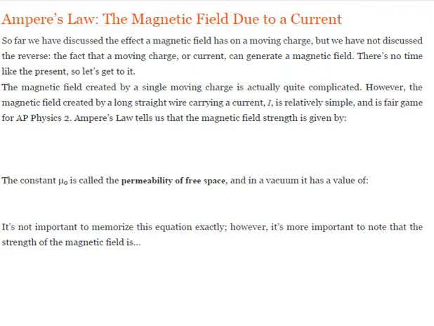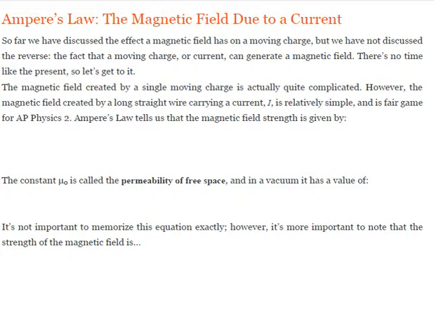The magnetic field created by just one single moving charge is really actually pretty complicated. But when we think about the case of a really, really long straight wire that has some steady current, it's pretty simple. And it's probably something you will definitely run into when you take the AP test.